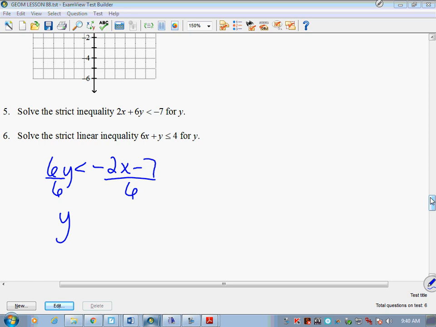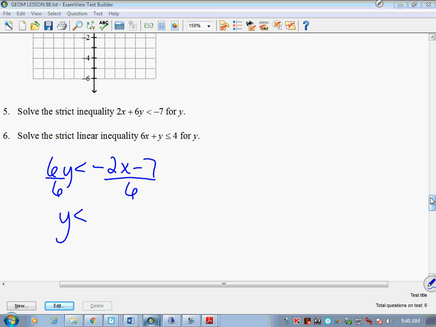No, because I'm only concerned with how I move things across, and it's only a matter of multiplying and dividing. If I ever multiply or divide by a negative across, that's what will change the sign. So a good question to ask is, what are the conditions, and how do I know? All right, does that make sense now?